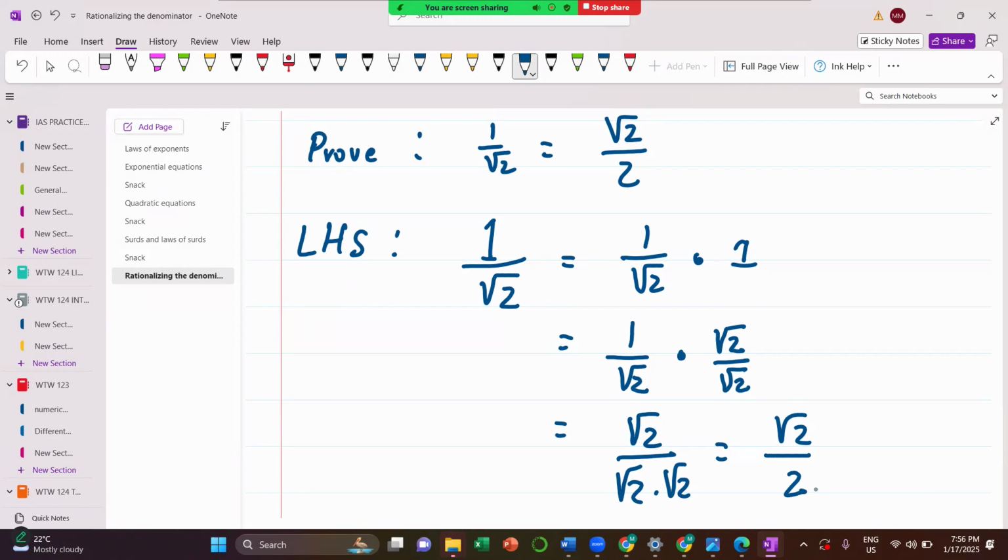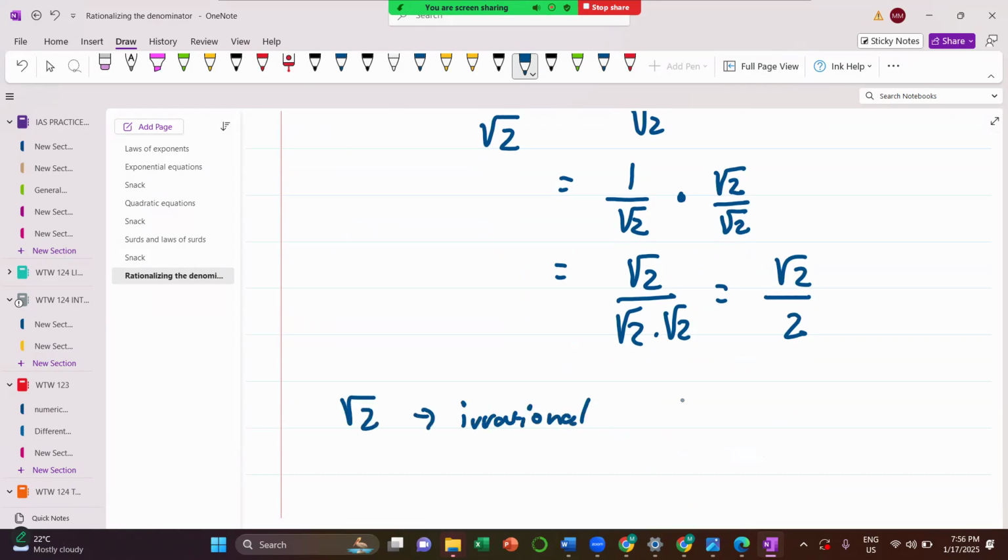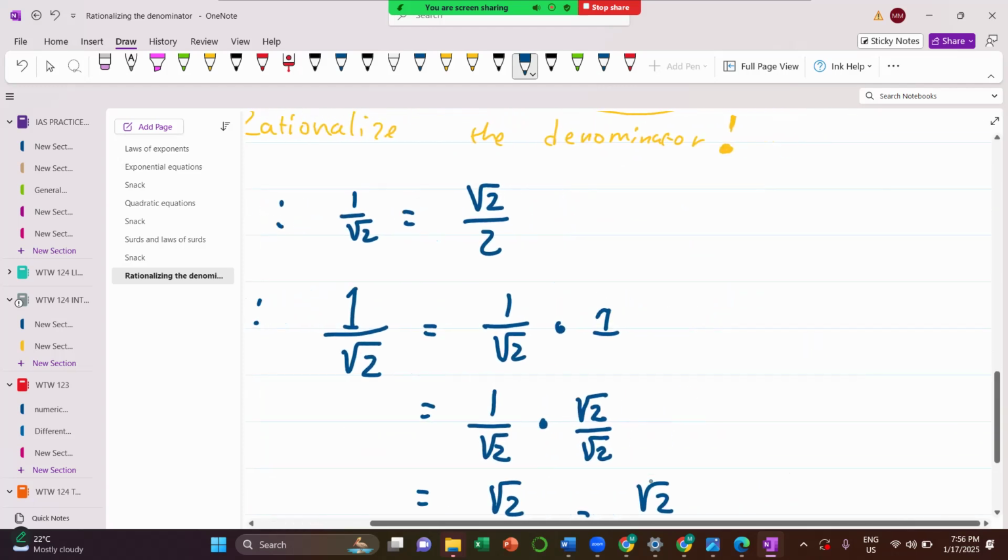Now look, square root of 2 is an irrational number, but 2 is rational, right? Previously we had 1 over square root of 2, so it had an irrational denominator.